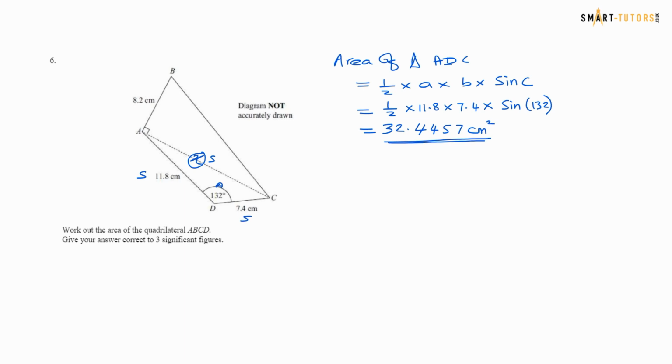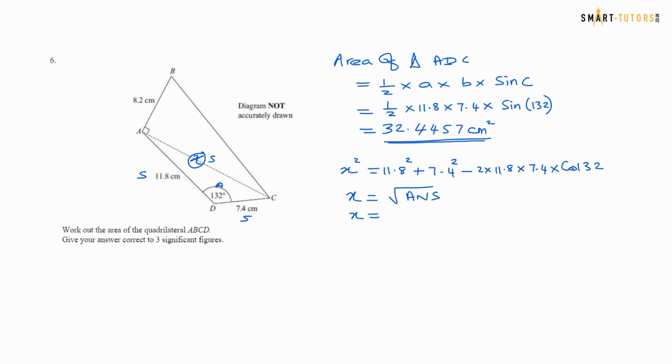So using the cosine rule, x squared equals 11.8 squared plus 7.4 squared minus 2 times 11.8 times 7.4 times cos 132. So x equals the square root of the answer.